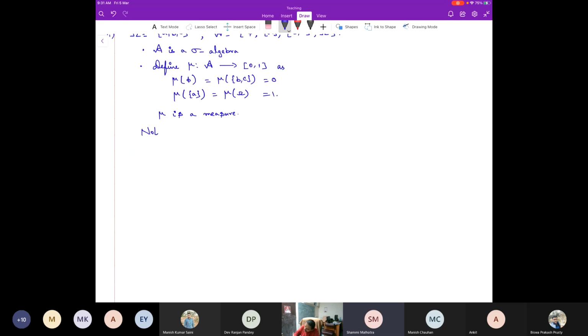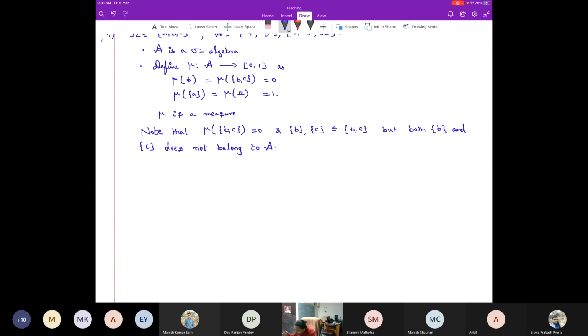So note that the measure of this set {b, c} is 0, and singleton {b} and singleton {c} are both contained in this {b, c}, but both do not belong to script A, the sigma algebra.